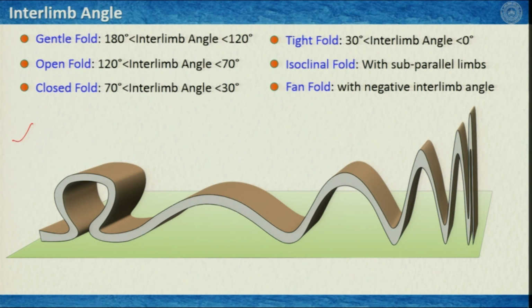So, this is a fan fold. As you can see, here and here the interlimb angle you cannot measure on this side. This is therefore a negative interlimb angle, and we call it a fan fold. In some texts, fan folds are also given a term called elastica.